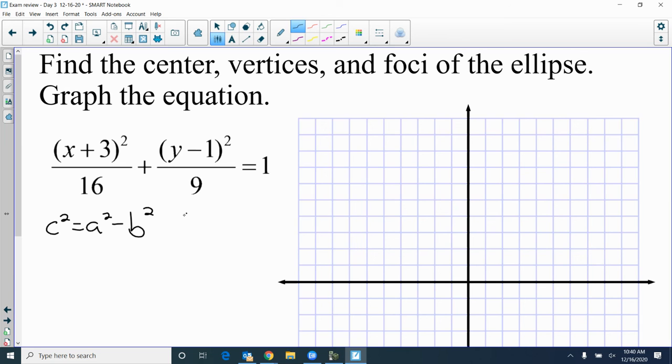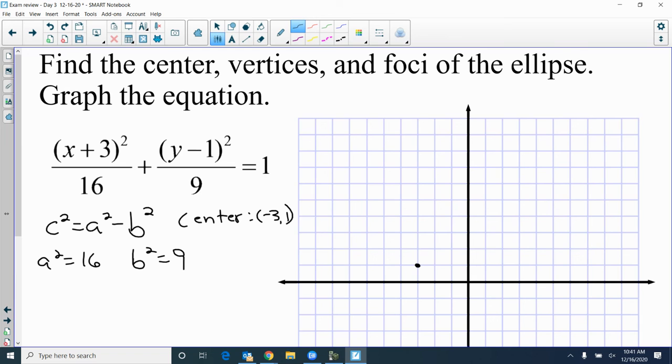Center, what is that? -3, 1. Center's at -3, 1. Now don't forget, whatever's underneath the x, whatever's the bigger one, is always a squared. So a squared is 16, b squared is 9.